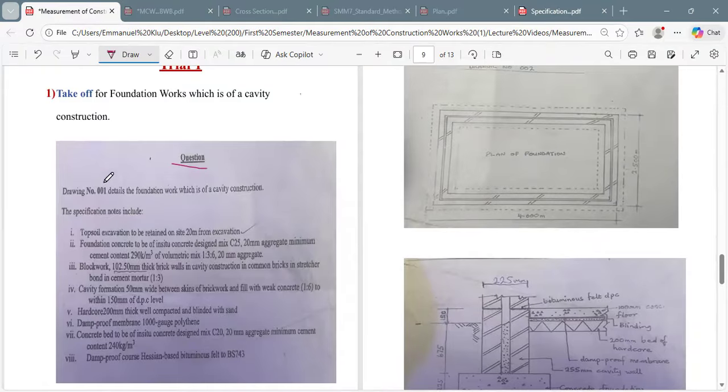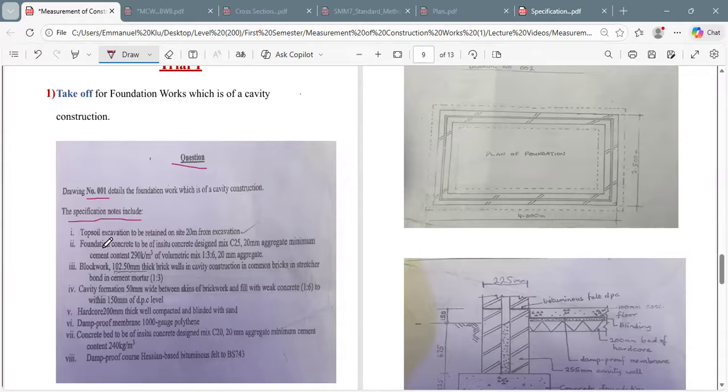Drawing number one details the foundation work, which is of cavity construction. The specification notes include topsoil excavation to be retained on site.